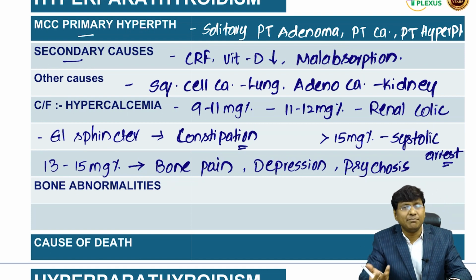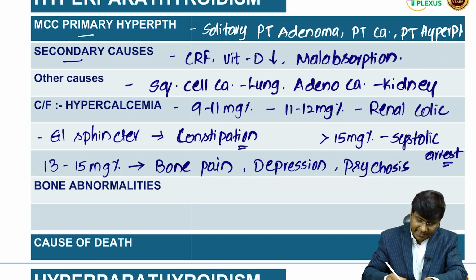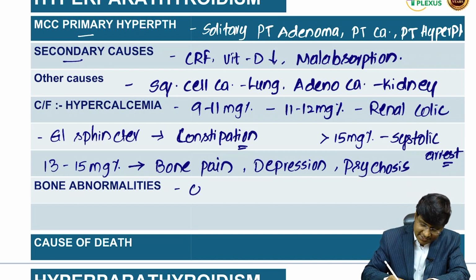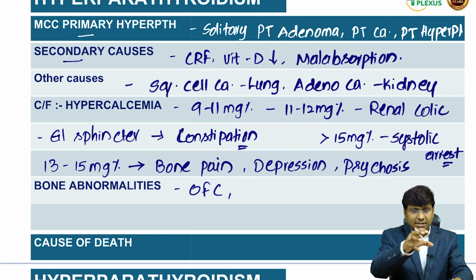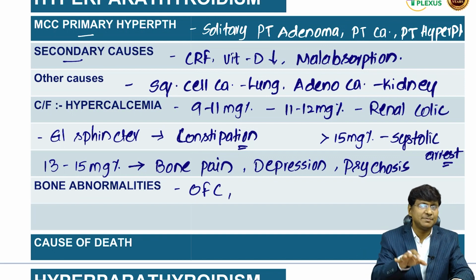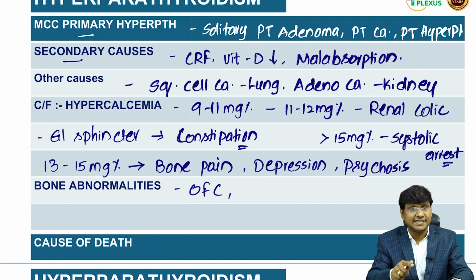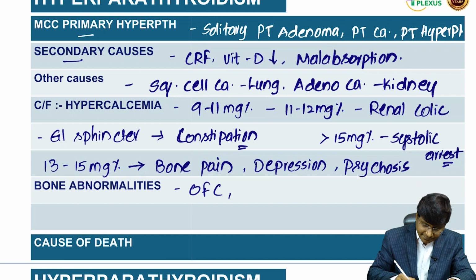Then what will be the bone abnormality? The bone abnormality includes osteitis fibrosa cystica, right? Because the resorbed bone is replaced by fibrous tissue and that results in what is called osteitis fibrosa cystica. Then in the spine, they will have what is called Rugger Jersey spine.